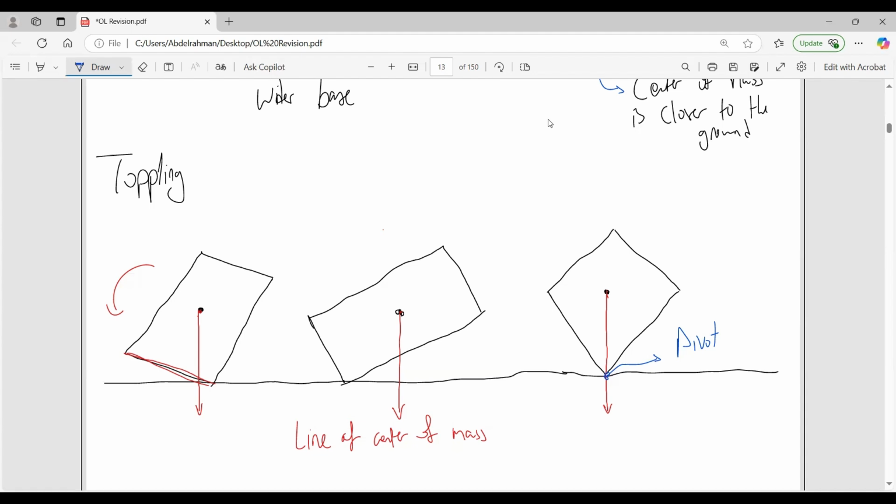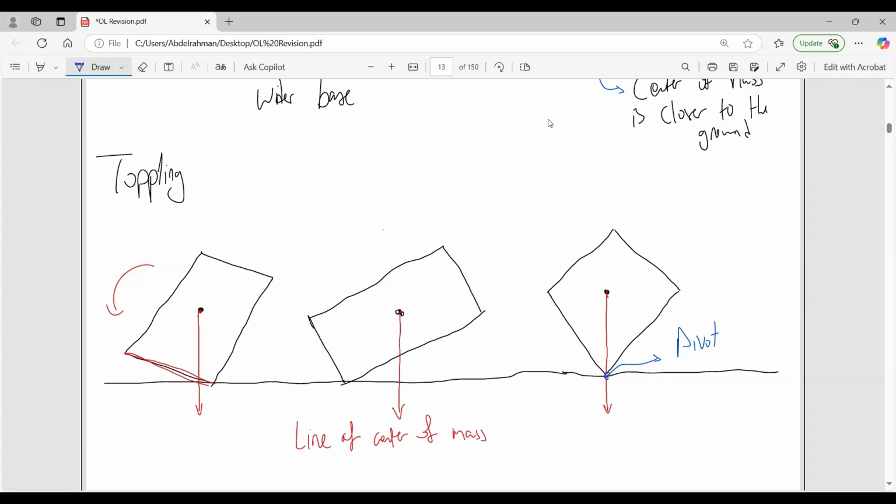I can balance any object on some certain point. When can you balance this object on that point? It's when the line of center of mass is exactly above the pivot.